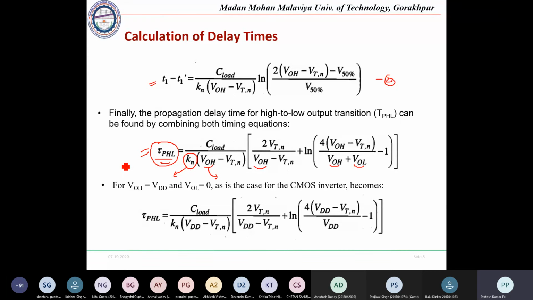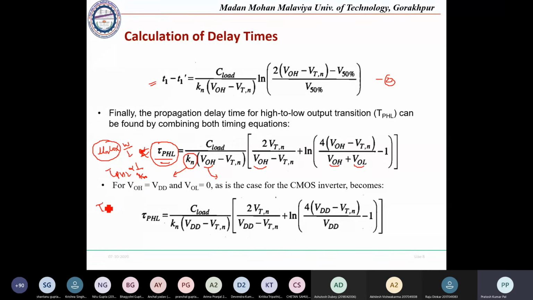So this Kn is given by mu n COX W by L. So in terms of W by L, it is there. So we can say from here that tau PHL is, not directly, it will be inversely proportional to Kn, that is the transconductance parameter.